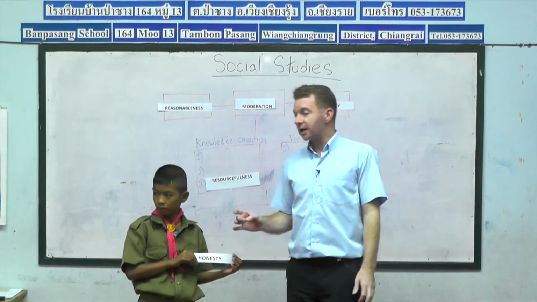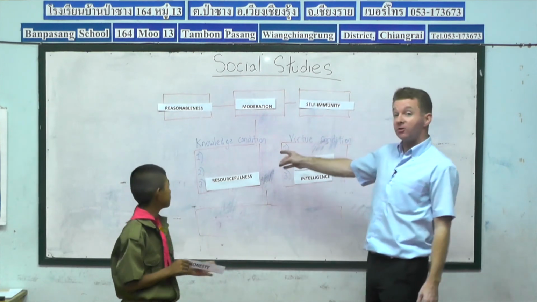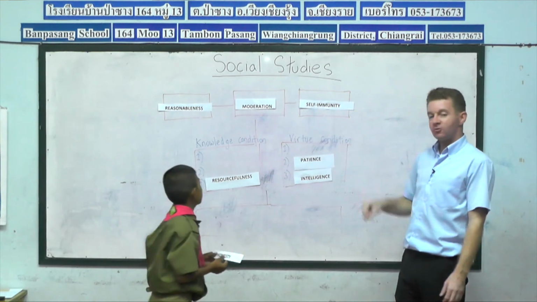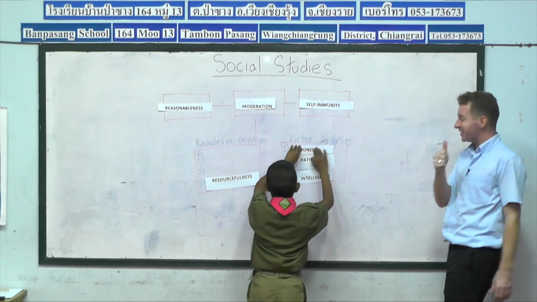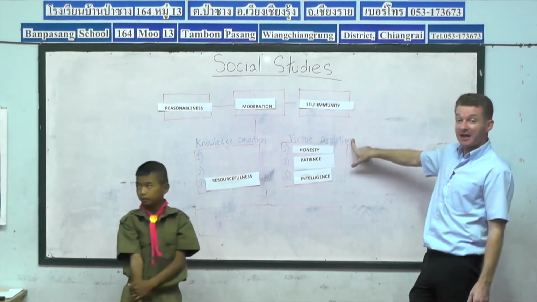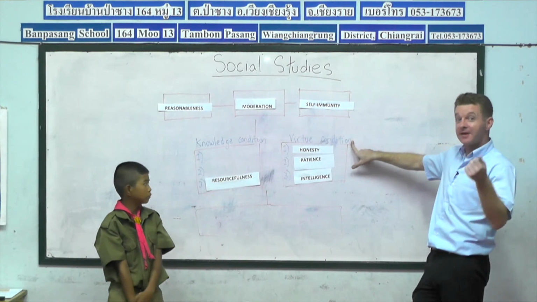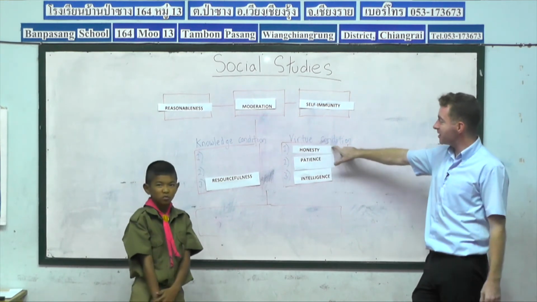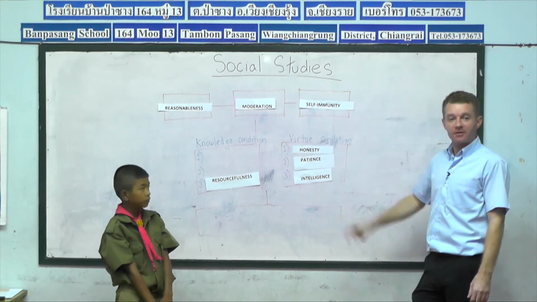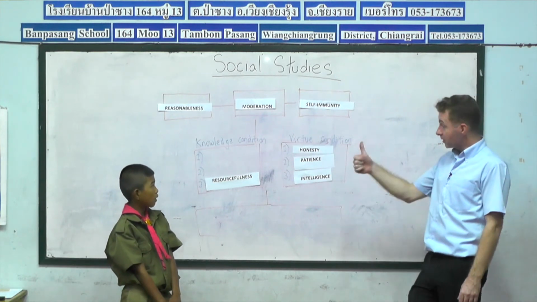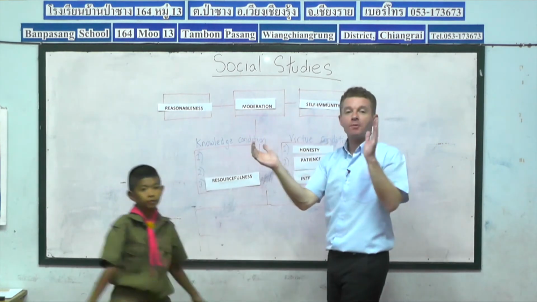Now, do we think that is a knowledge condition or a virtue condition? Well done, Pat. Pat's gone straight to it, yes. So now, our virtue conditions, 1, 2, and 3, are full. Let's say together, honesty, patience, intelligence. Pat, that was brilliant. High five and a big round of applause for Pat, guys.